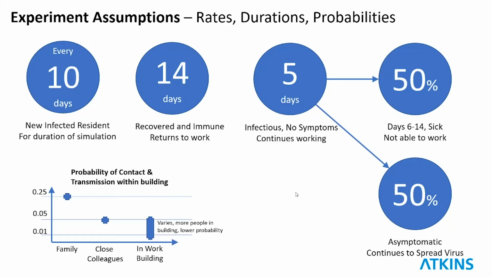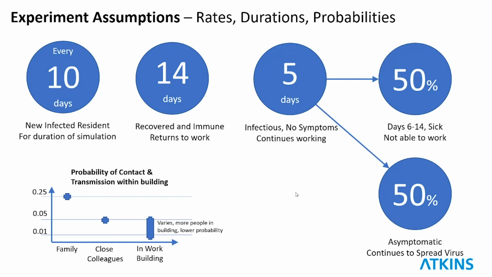Our initial experiment, the assumptions we made, and again, it's important to note that these are assumptions. We were building this in the early days of COVID, and we didn't really have a whole lot of data that we could calibrate to. But the assumptions that we made here were a new infected person enters the city every 10 days. It's a 14-day period for recovery and to become immune.